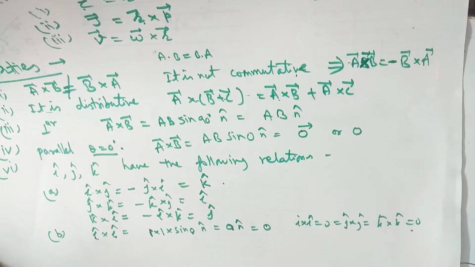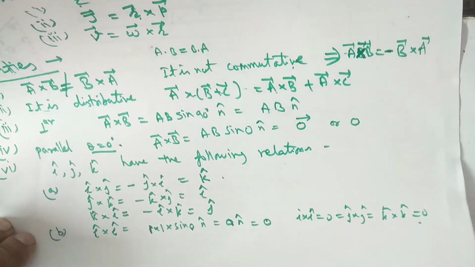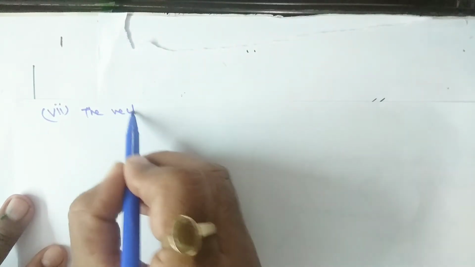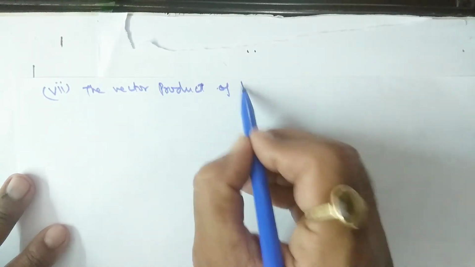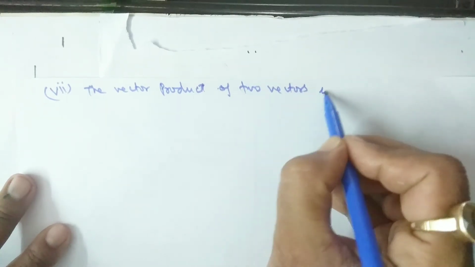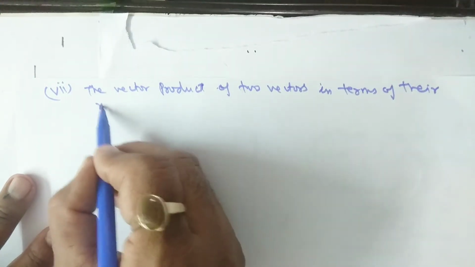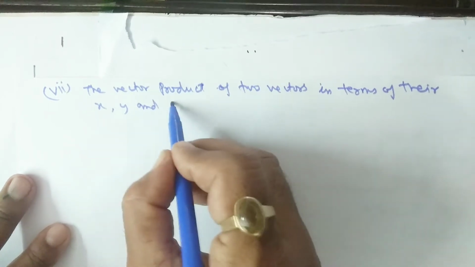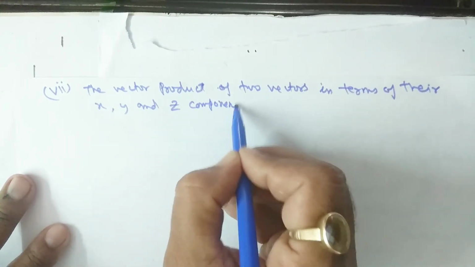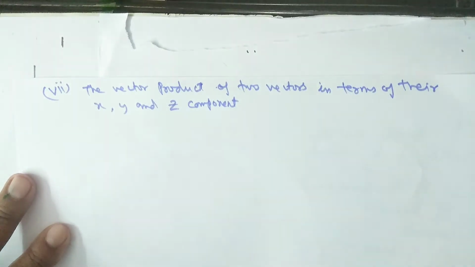Now students, we will discuss the last property, the seventh property: the vector product of two vectors in terms of their x, y and z components, as a determinant.